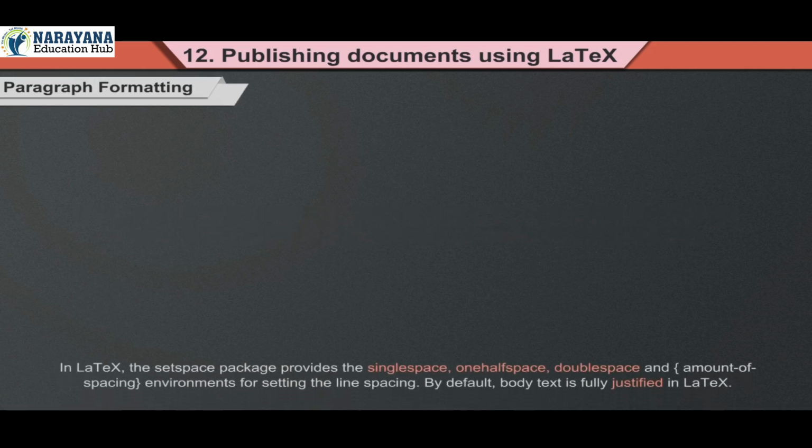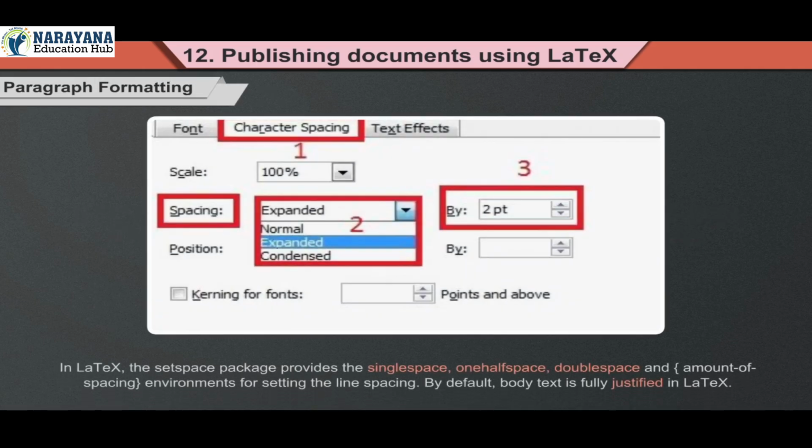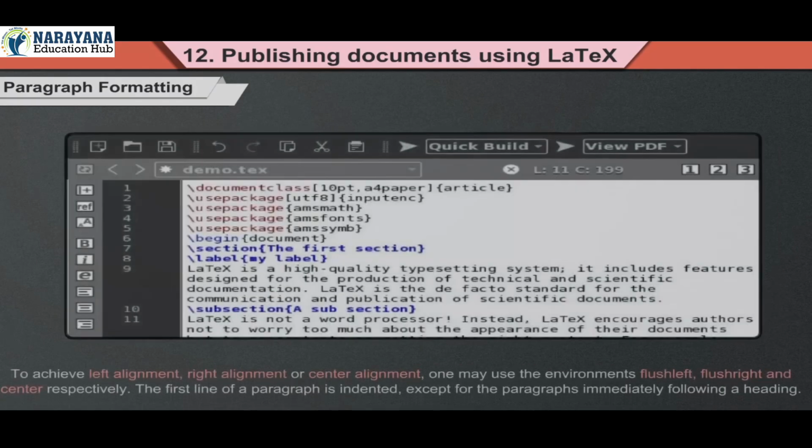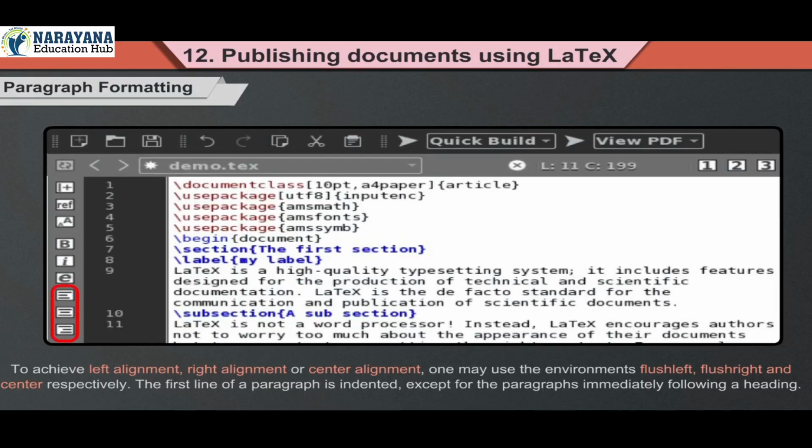Paragraph formatting. In LaTeX, the setspace package provides the singlespace, onehalfspace, doublespace, and spacing{amount} environments for setting the line spacing. By default, body text is fully justified in LaTeX. To achieve left alignment, right alignment, or center alignment, one may use the environments flushleft, flushright, and center respectively.